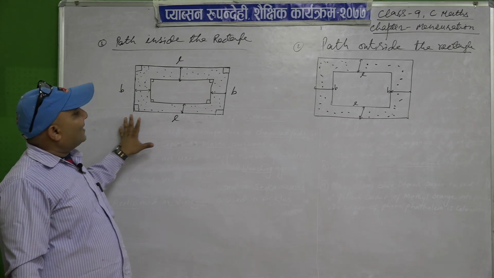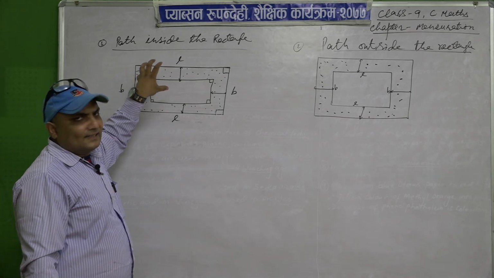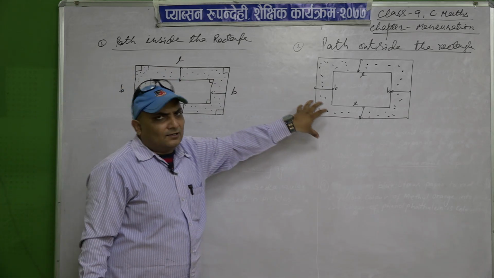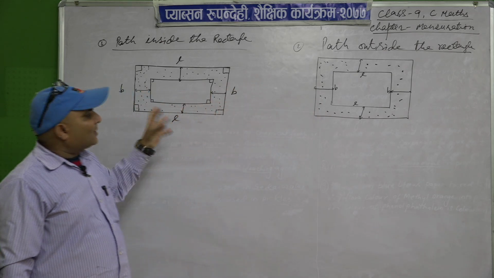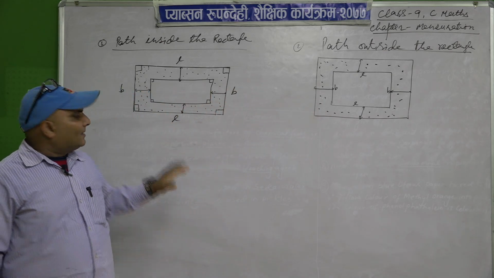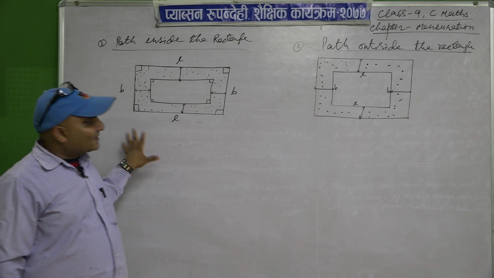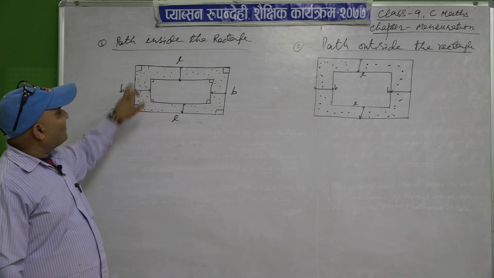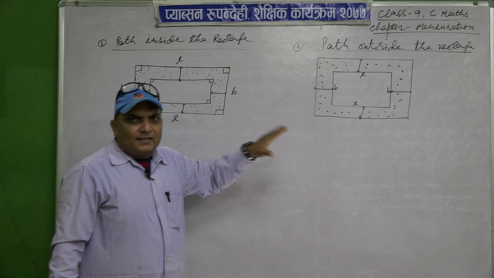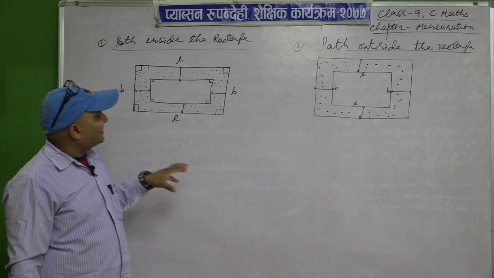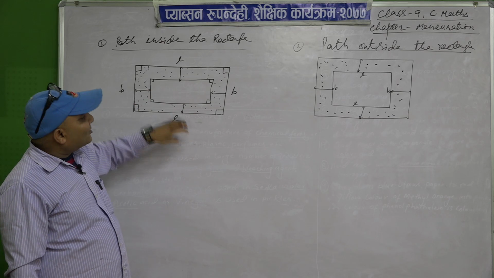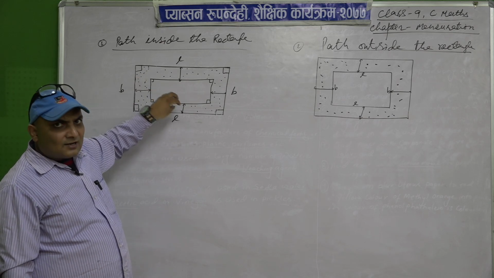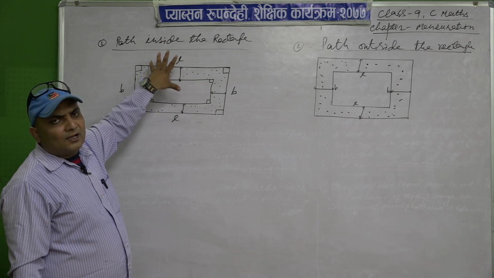Now, we are going to find the area of the shaded region in this condition also and this condition also. Yesterday we found it, but we found it numerically. Now, we are going to derive the formula for the same two conditions. In both conditions, how can we find the shaded region? In both conditions, we can find the shaded region by subtracting the area of the small rectangle from the area of the big rectangle.